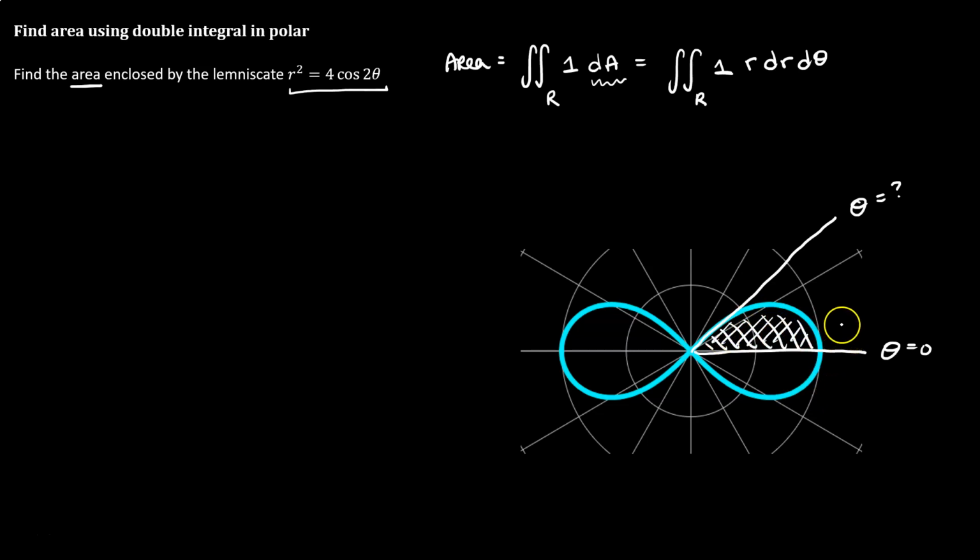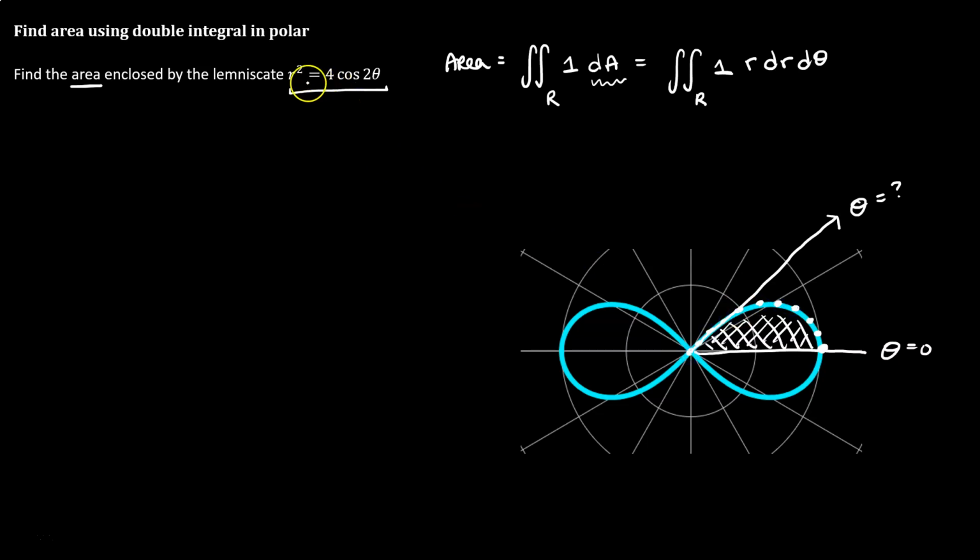In order to do this, though, we do need to figure out what that larger value of theta would be along this top ray. So to find that, we need to look at the equation r squared equals 4 cosine 2 theta. And notice that when theta was 0, our function was here. And then as theta increased, the value of r decreased, and it came all the way down to 0.